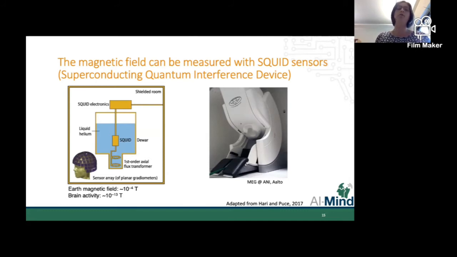However, in order to be superconducting and have these properties to measure weak magnetic fields, they need to be immersed in liquid helium. So we need a slightly larger and bulkier system to accommodate this liquid helium. And also these systems are very, very sensitive to noise, so they are usually situated within a shielded room.